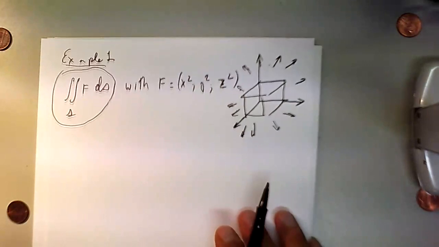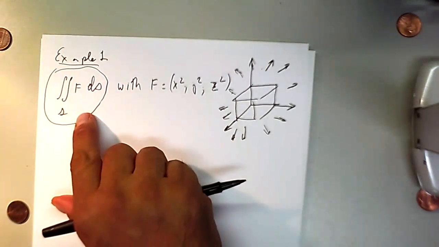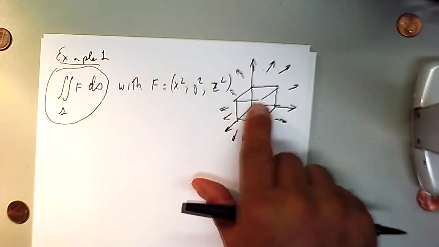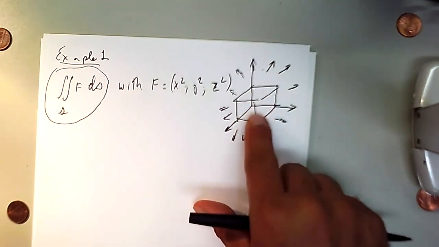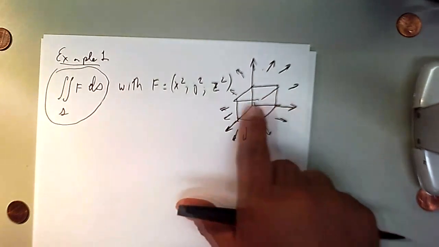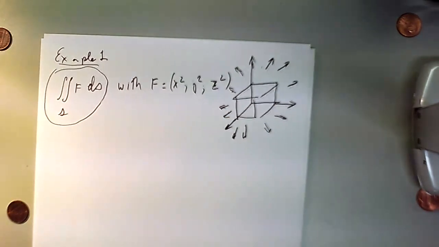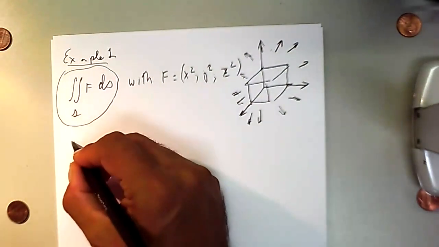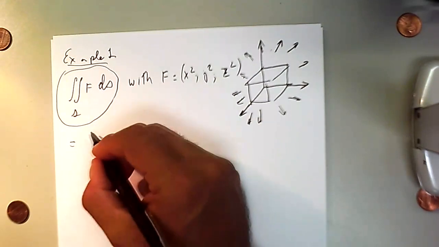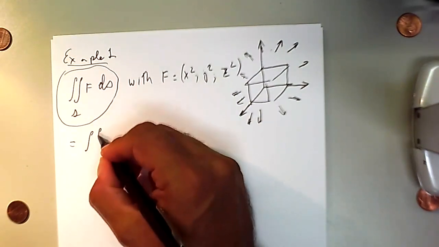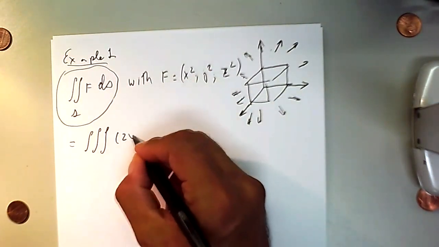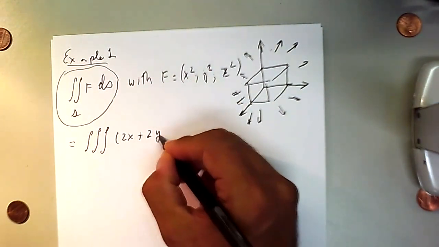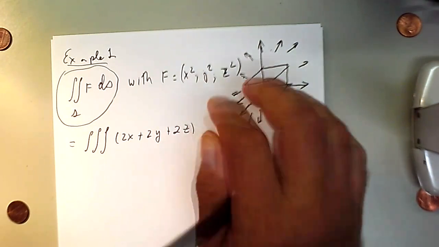And the question is, if we want to do it with a surface integral, as is, we would have to split this up into different surfaces, the top, the bottom, the front, the back, the right, and the left. Or we can use the divergence theorem. So this is equal to, by divergence theorem, the triple integral of the divergence of this guy, which of course is 2x plus 2y plus 2z.